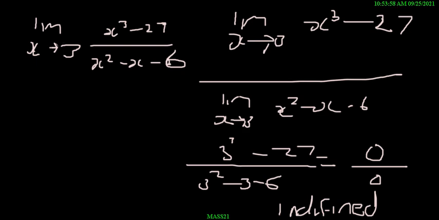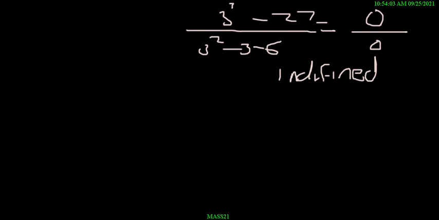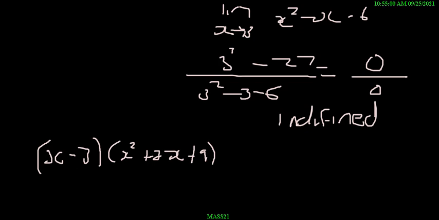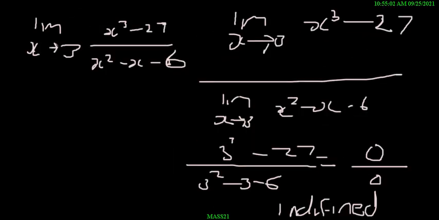Simplifying, x to the power 3 minus 27 gives us (x minus 3)(x squared plus 3x plus 9). You can try to multiply this to take us back to x to the power 3 minus 27.